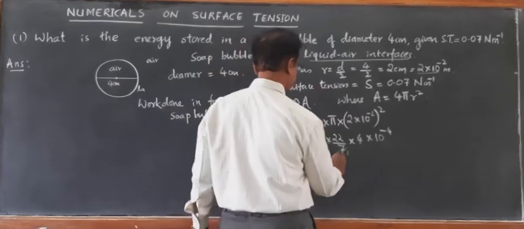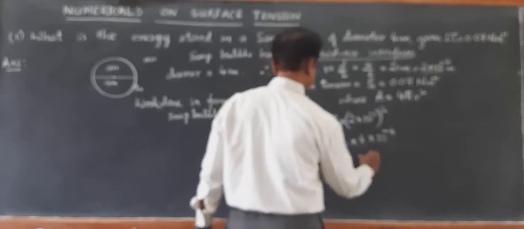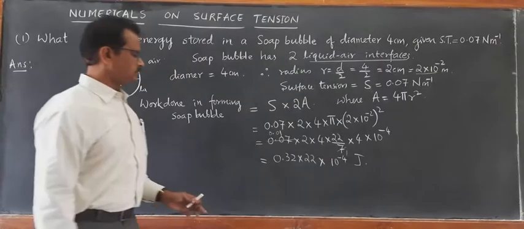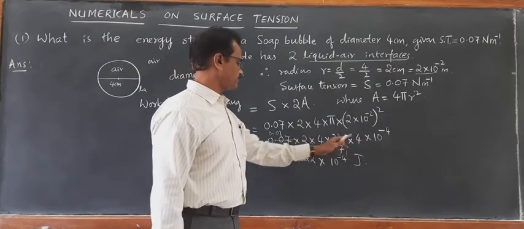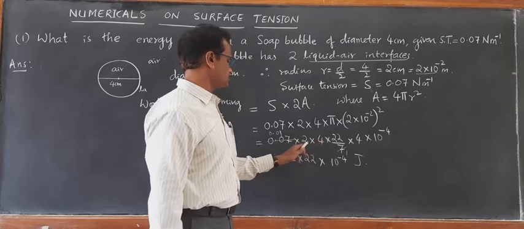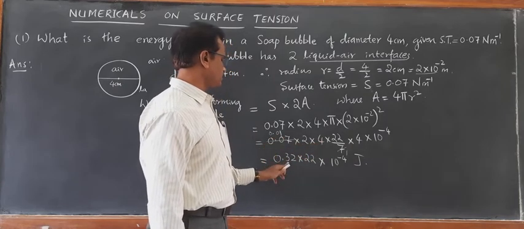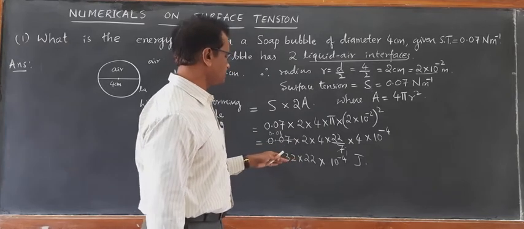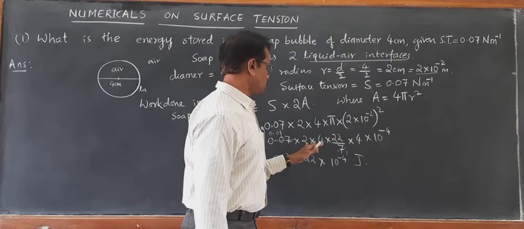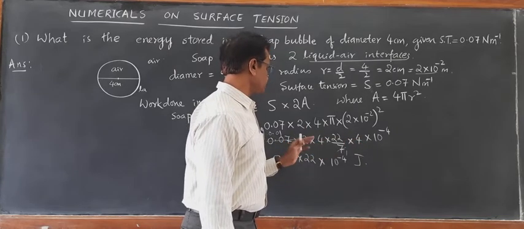So that becomes the result. Otherwise, you can also calculate 4 fours are 16, 16 into 22.